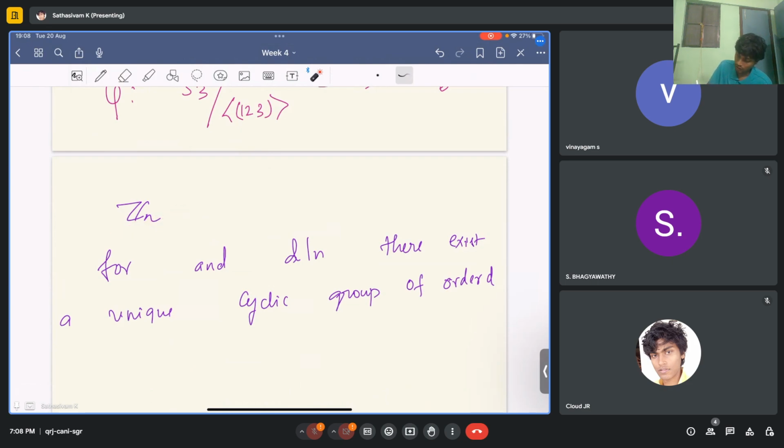So basically, there exists a subgroup of order D, and that subgroup is unique as well as cyclic.